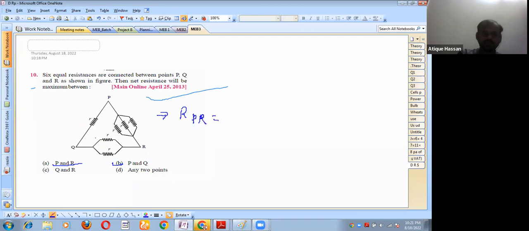You see, the upper two resistances will become in series, and this resistance is basically R by 2, and this resistance is basically R by 3. So first is between P and R, second option is between P and Q. So P and R, what resistance will we get?